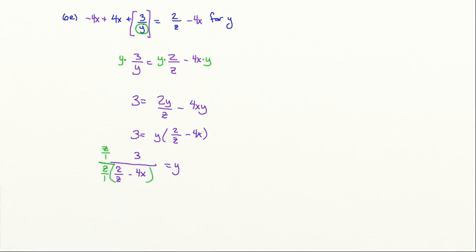I have to be very careful. I'm going to be distributing that z over 1 in the denominator. So I have z times 3 is 3z. Z times 2 divided by z is 2. My minus sign. Z times 4x is 4xz. That equals y.